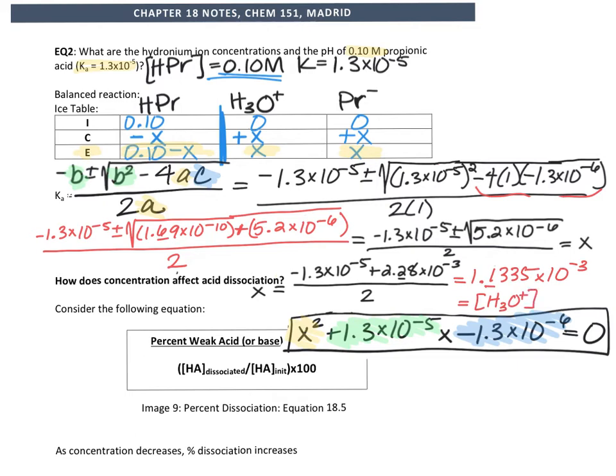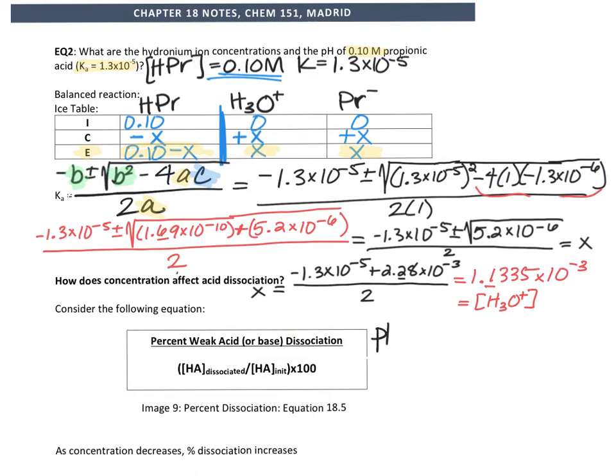Double check that, and then our last step will be plugging that into the pH equation to calculate pH. pH is equal to negative log of our x value, which is hydronium concentration. So that tells me that my pH is 2 point, how many sig figs? 2 sig figs. So 2.95. My final answer. Yes, this is how long these problems take.